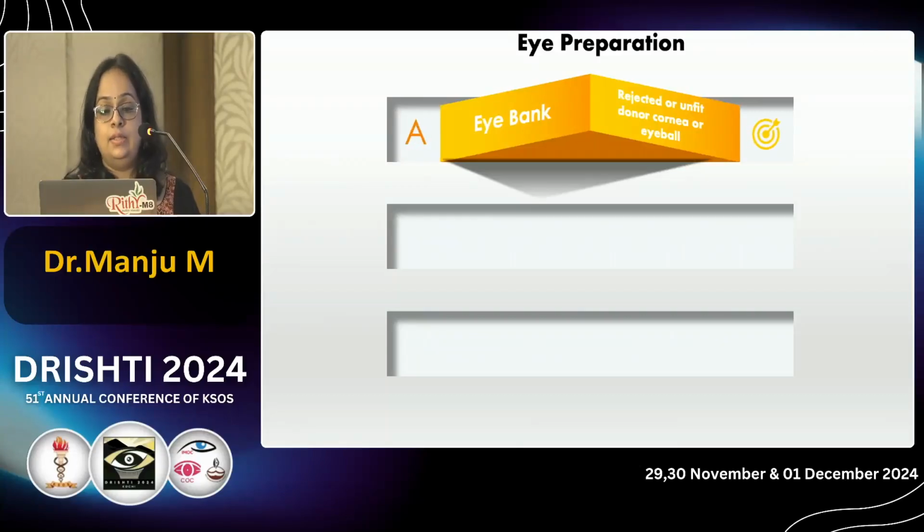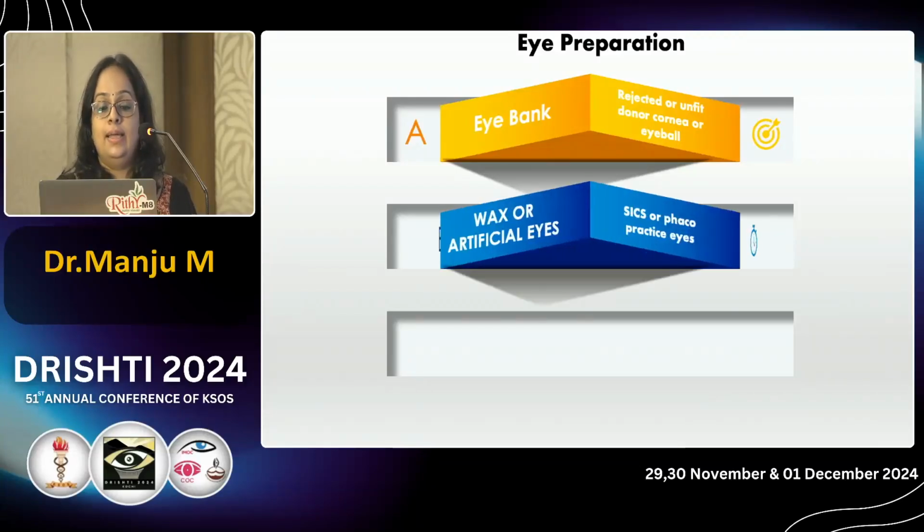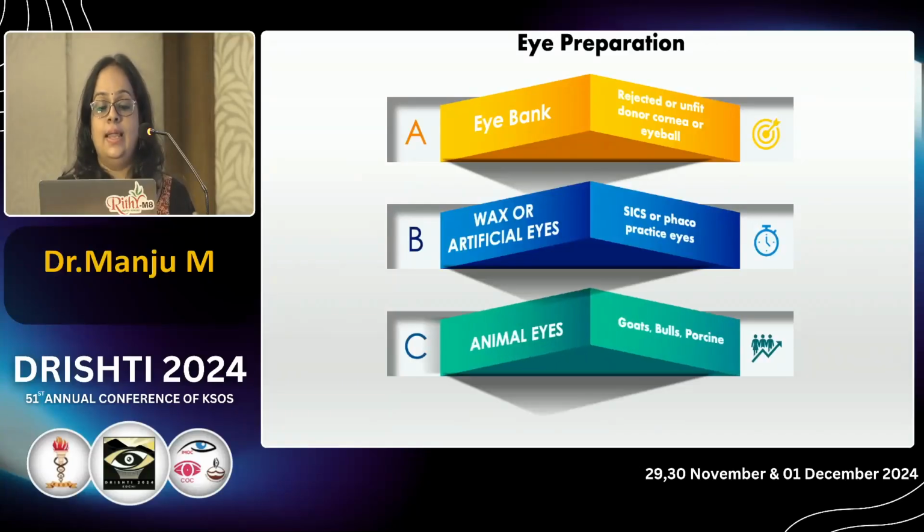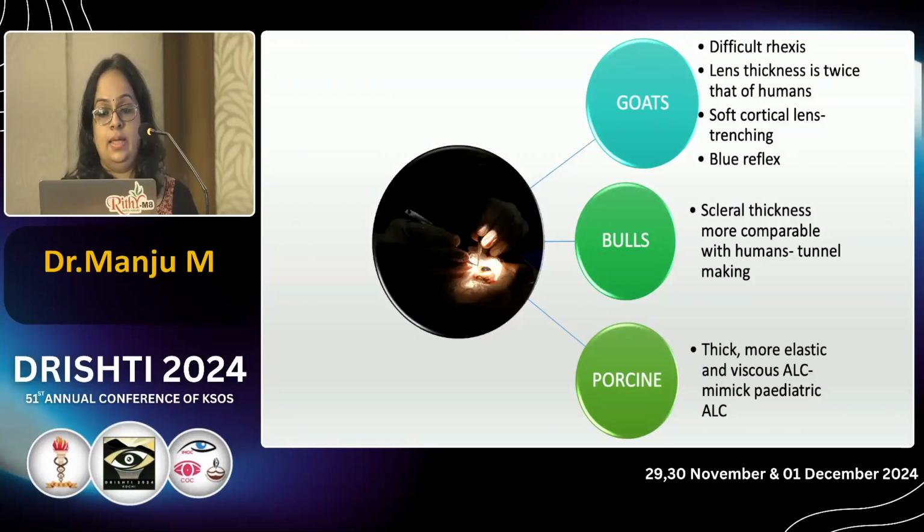And for that, you need eye preparation: rejected units of donor corneas and eyeballs from the eye bank. SICS or phaco practice eyes can be bought, or animal eyes like goat's eye, bull's eye and porcine eye. What are the differences? Goat's eye is a little bit difficult to make the rhexis. Lens thickness is twice that of humans.